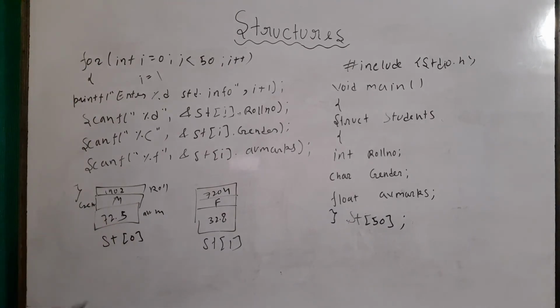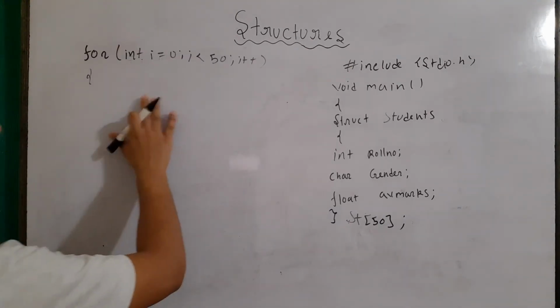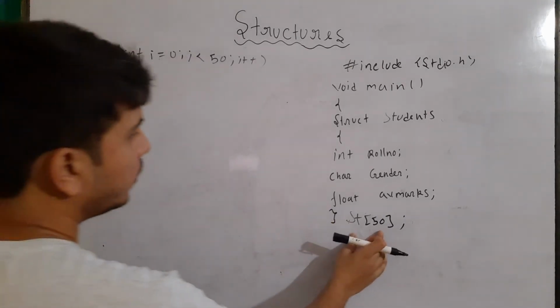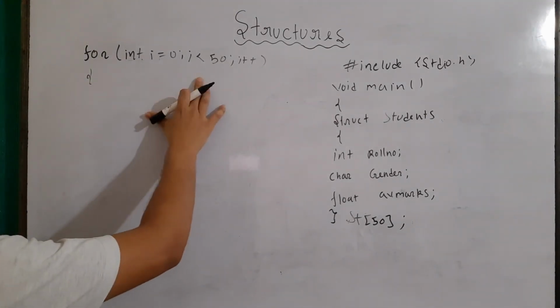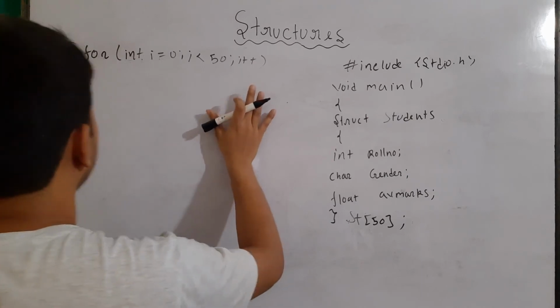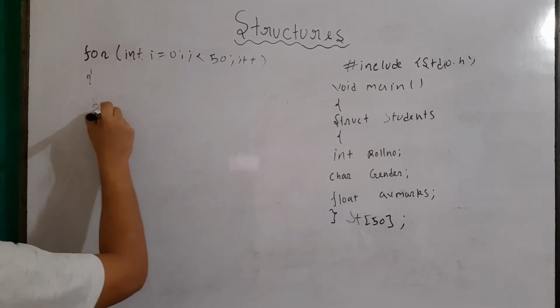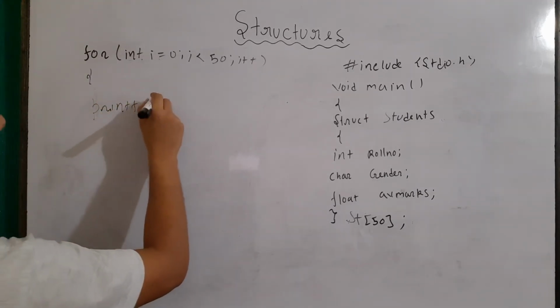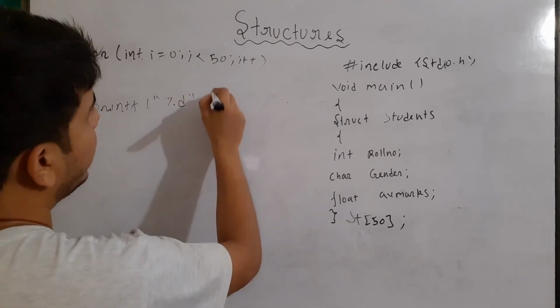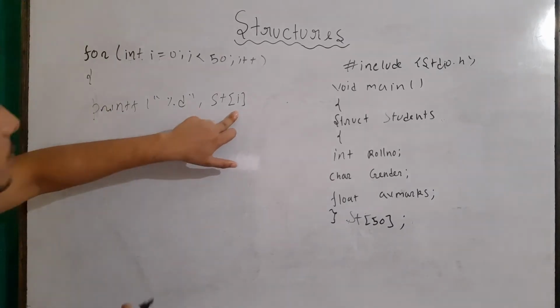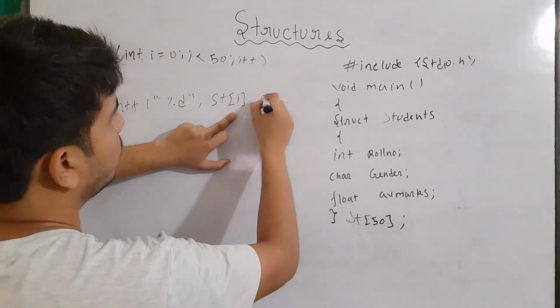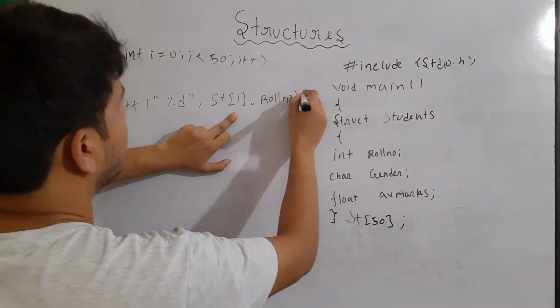After that loop, let's say I want to print the stored information of 50 students, then I can again use the loop for i equals 0, i less than 50 and i plus plus. After that I write here printf, then %d, and for st[i], which means the information of the first student, dot roll number, okay.